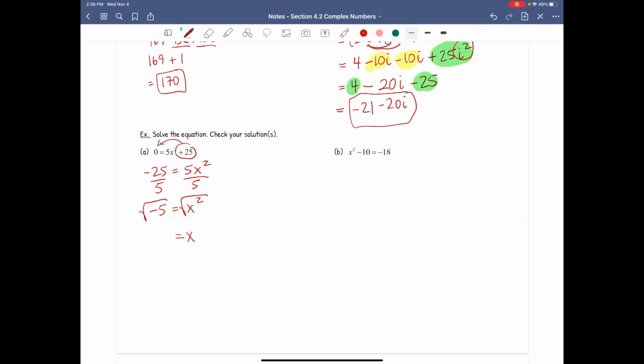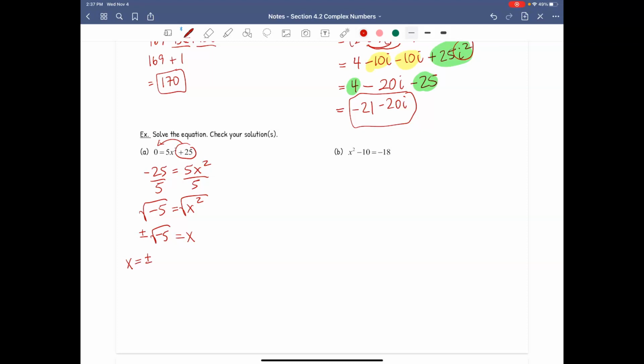Now, whenever I take the square root of both sides of an equation, I need to end up with two solutions, a positive and a negative solution. And this is going to be the square root of negative 5. But we're not going to leave our answer like that. We're going to simplify the radical like we did at the beginning of the notes. And so what we're going to have here is x is equal to plus or minus.